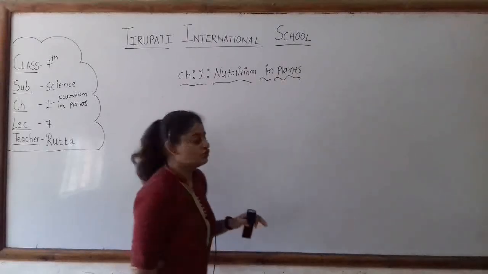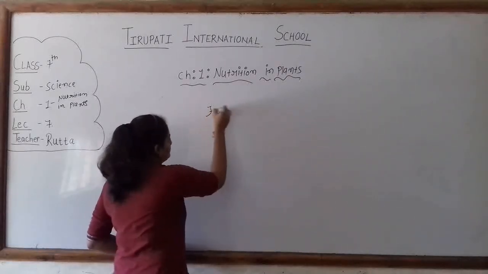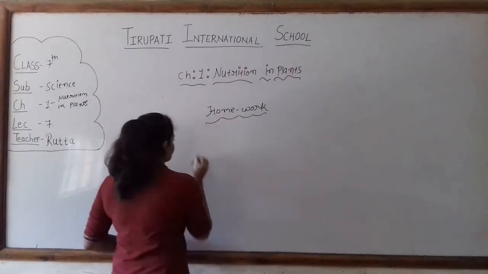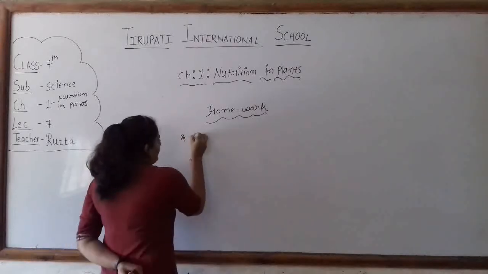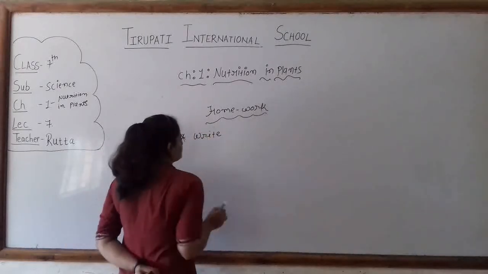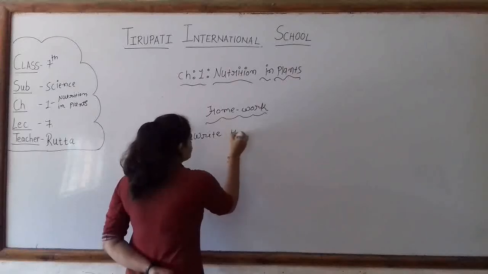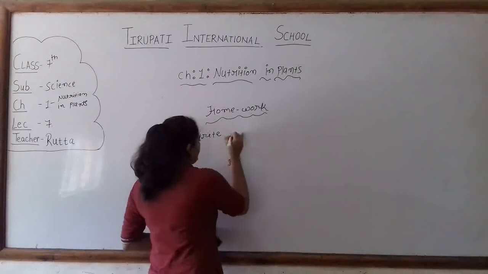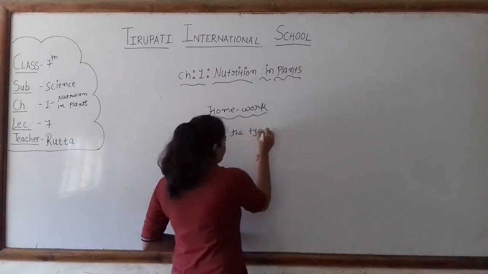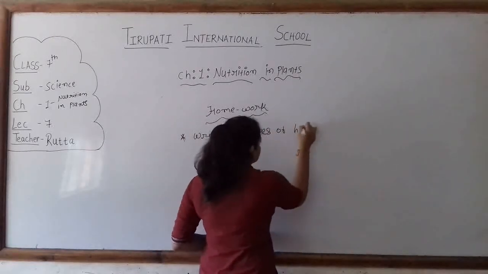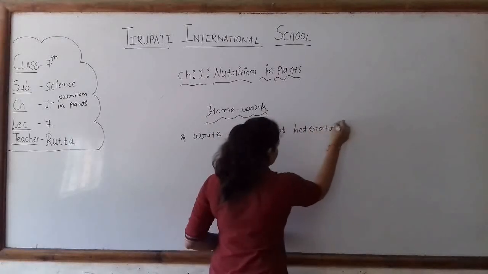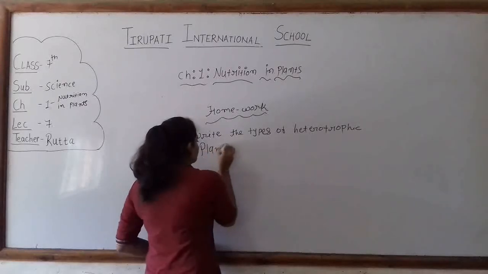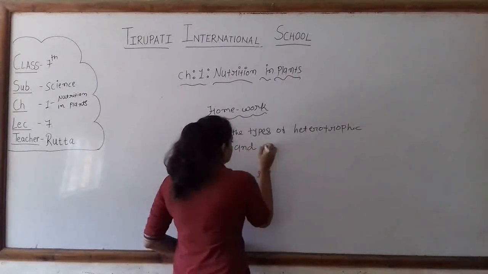So for homework you have to write down the answer to this question: write the types of heterotrophic plants and their examples.